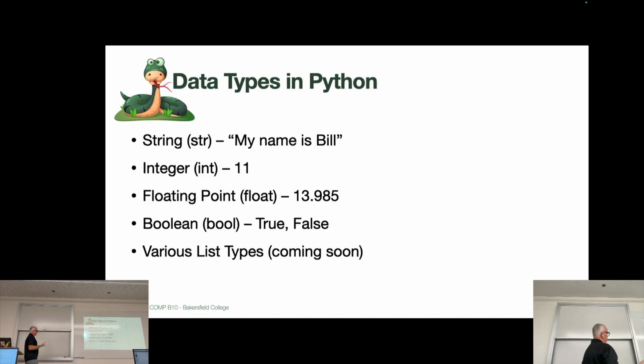But it's whole numbers. If I want a decimal or a partial number, like 13.985, it's a floating point number, also known as a float. So if I say we're going to create a float type variable, it's going to be holding numbers that include decimals.